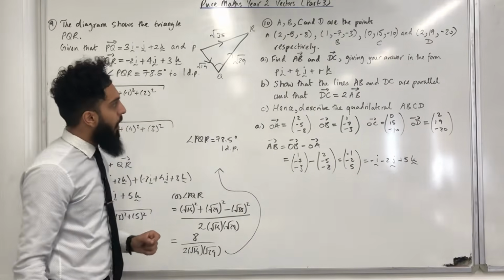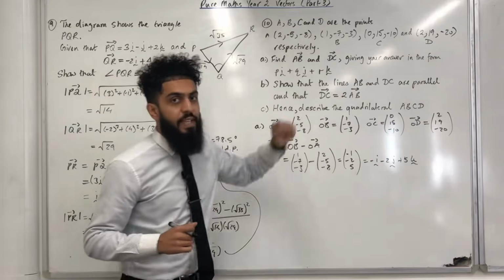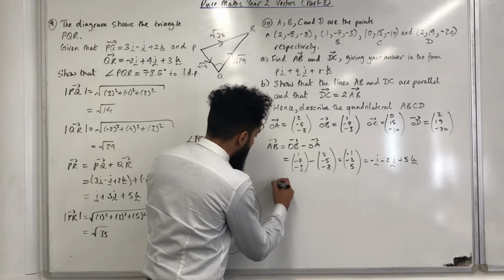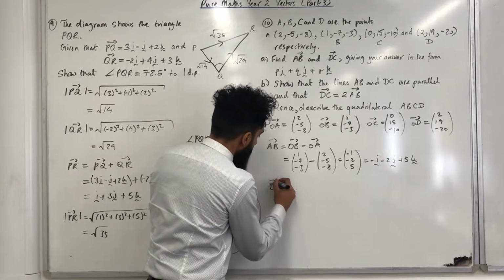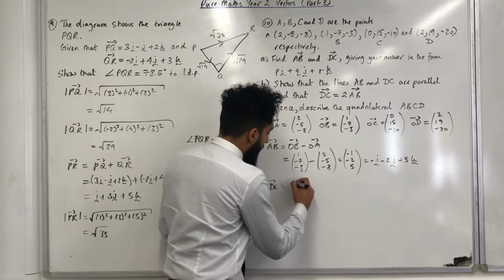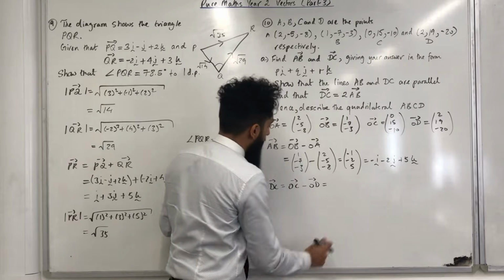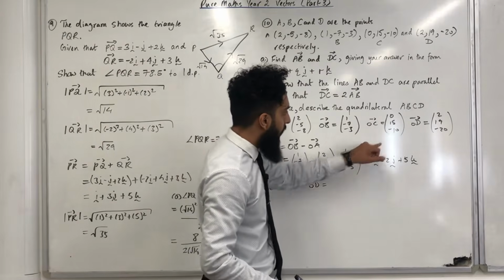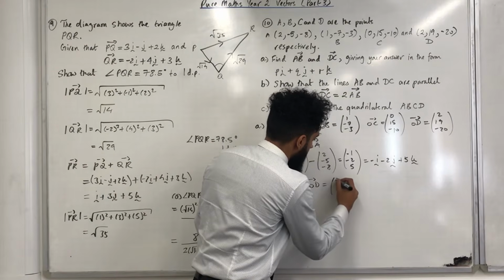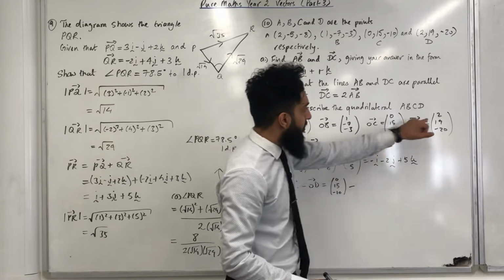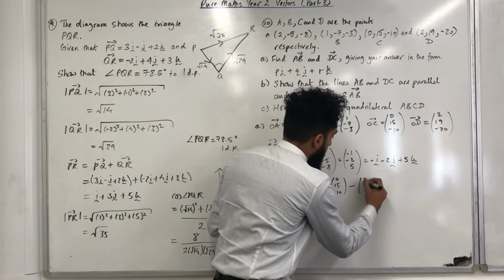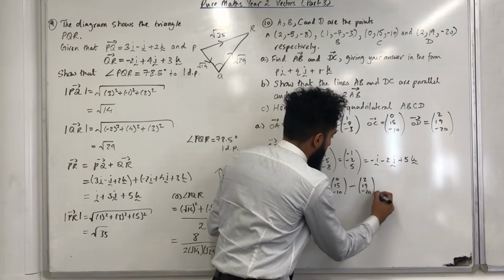Let's go ahead and work out the vector DC now. The vector DC is given by OC minus OD. OC is 0, 15, minus 10, take away OD, which is 2, 19, minus 20.